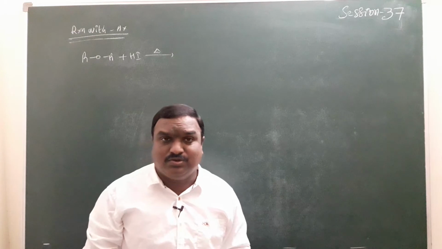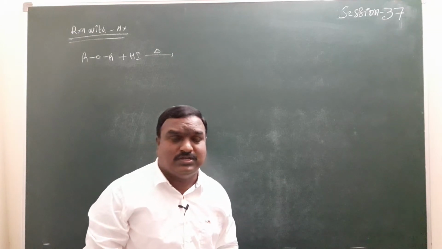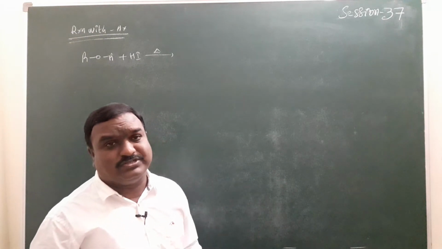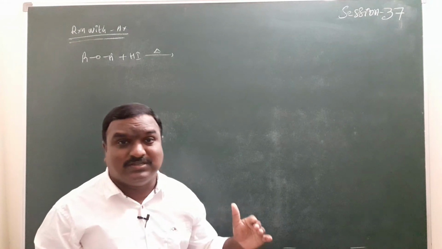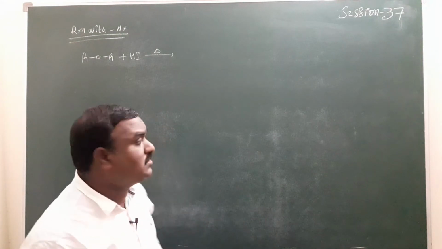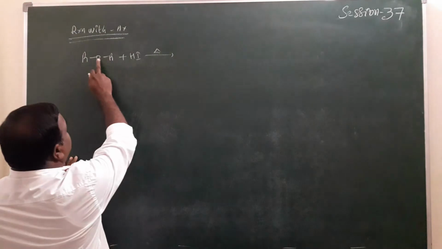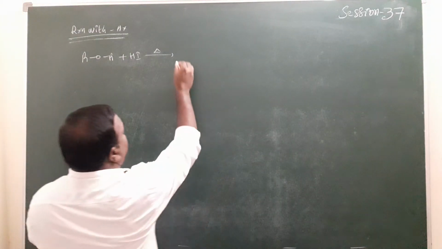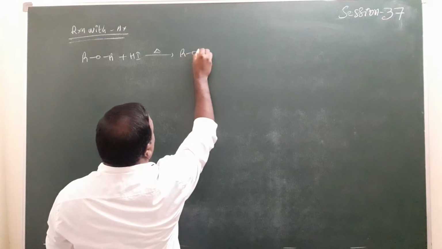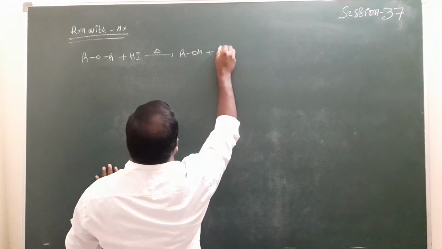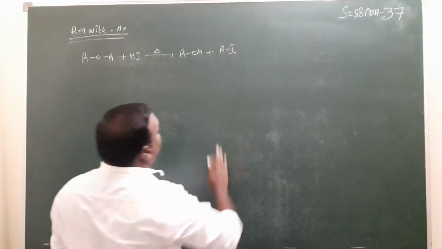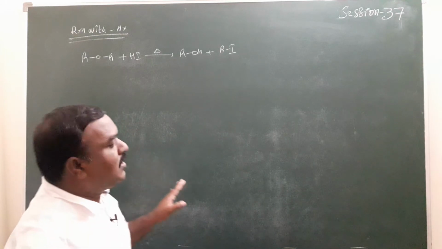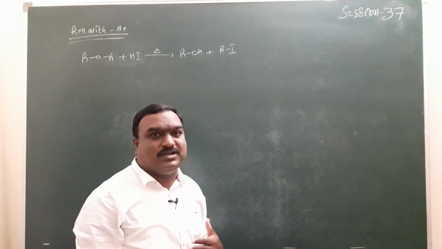These are nucleophilic substitution reactions. So ether cleavage, carbon-oxygen bond cleavage, is possible here. Here RO minus needs H plus, then ROH plus RI. One more alkyl iodide is formed in these reactions.